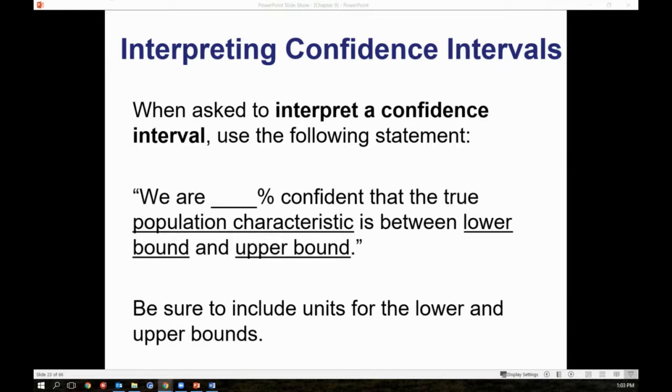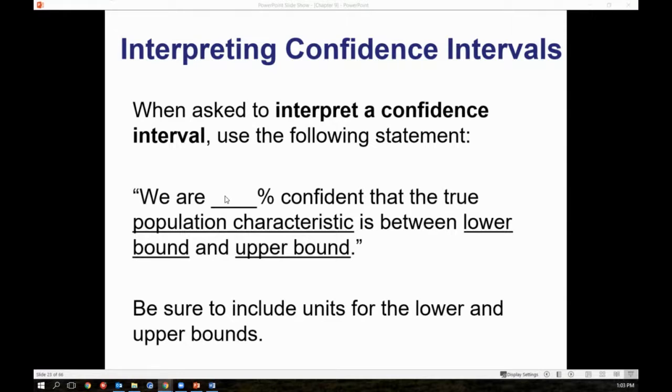Okay, so when asked to interpret the confidence interval, we can use the following statement. Whatever our percent confidence is would go in this blank. This isn't like a blank to fill something in your notes. This is like a template.